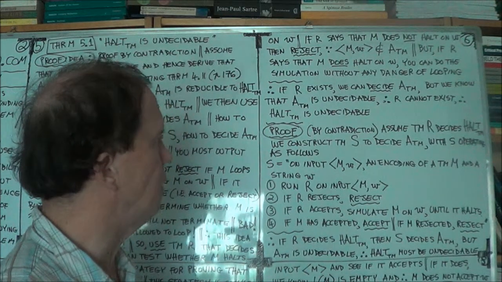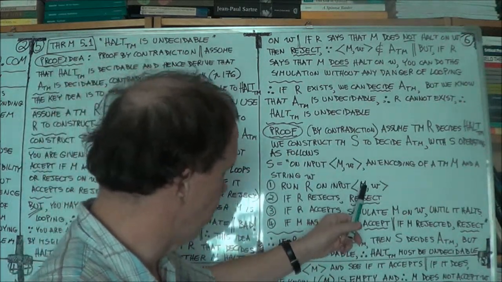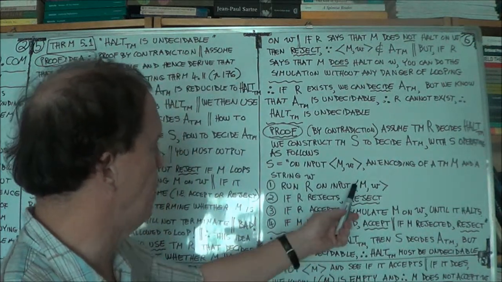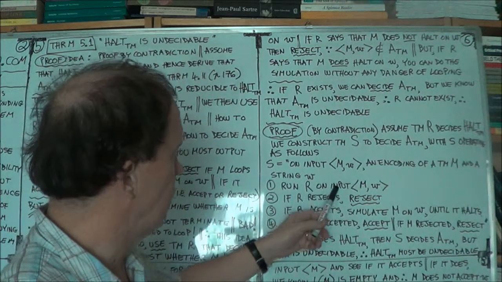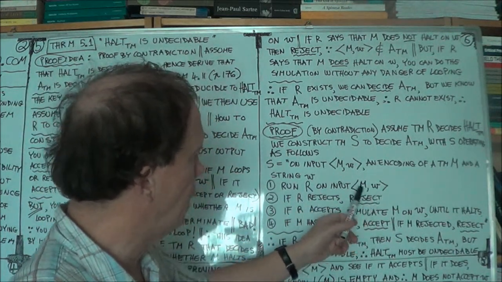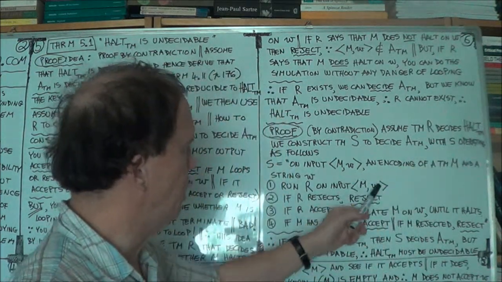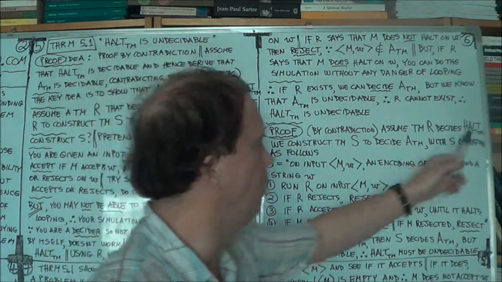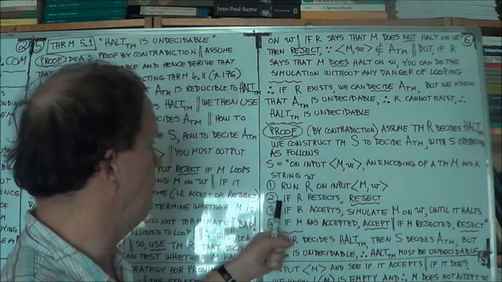No. Forget what I just said. It's just a random machine and a random string, and it just goes in. And R will accept or reject this pair. It'll accept if this pair belongs to this language, and it will reject this pair if this pair does not belong to that language. Okay, yeah, that's correct.